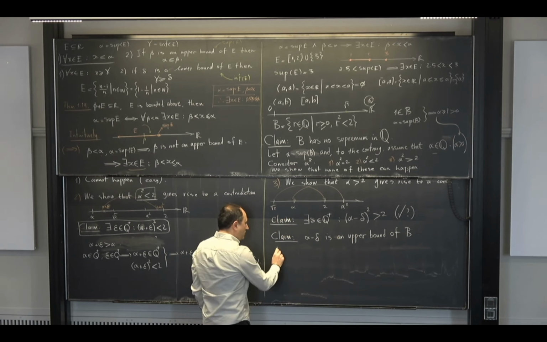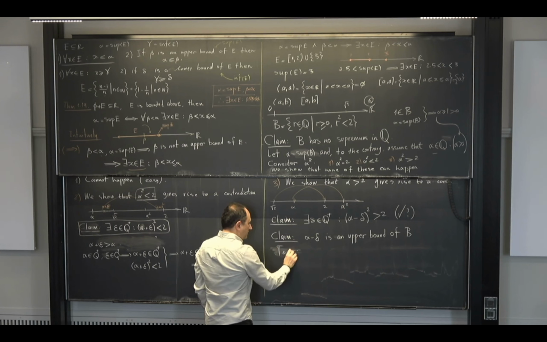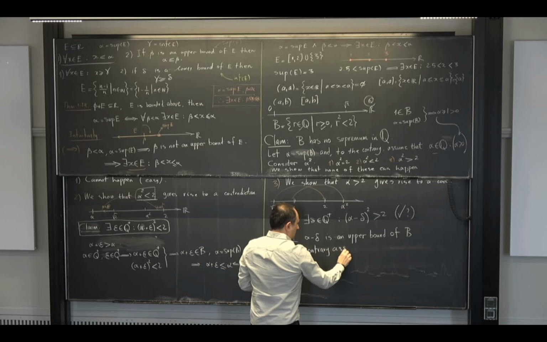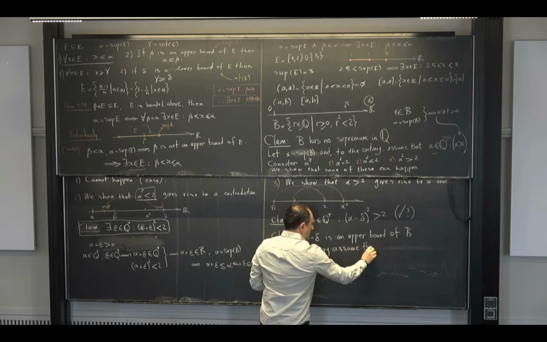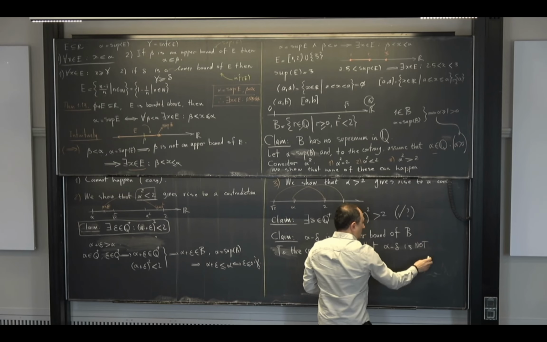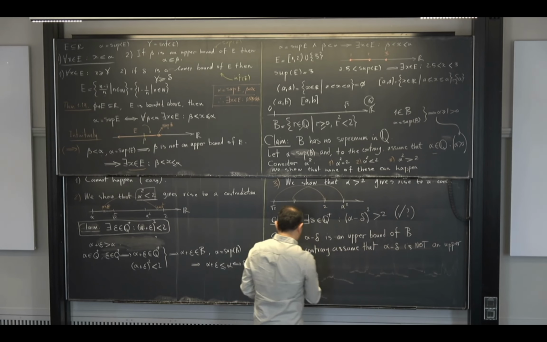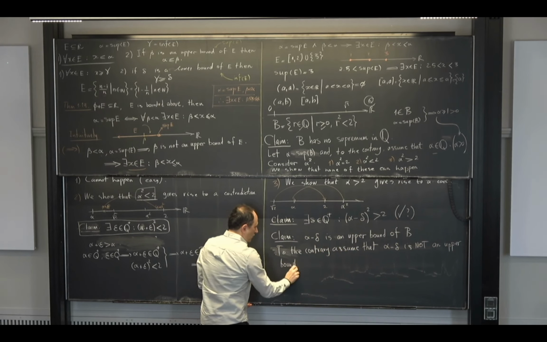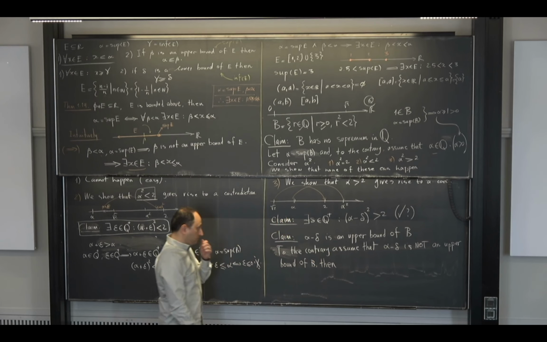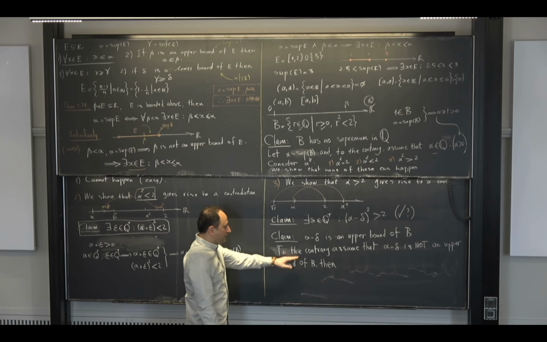Assuming to the contrary that alpha minus delta is not an upper bound of B, then can you complete this sentence for me? What happens?